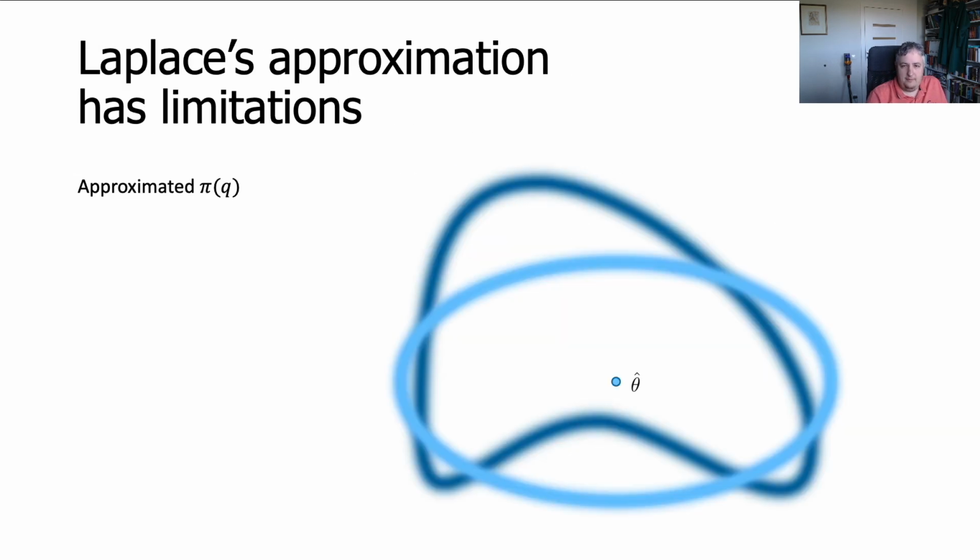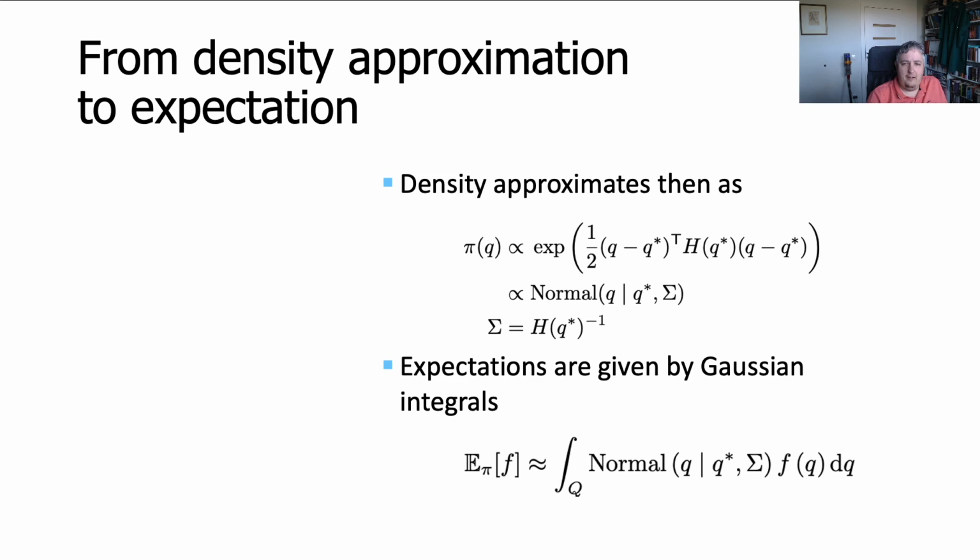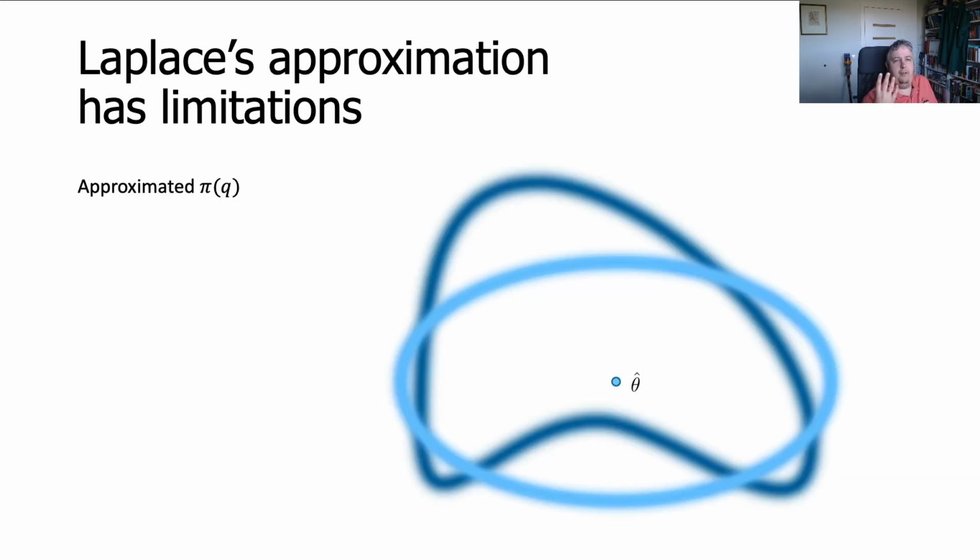And the only problem with Laplace approximation is that it is a local approximation. The approximation of the probability density function is valid around the maximum, where the logarithm of the probability density function can be well approximated using a quadratic form.